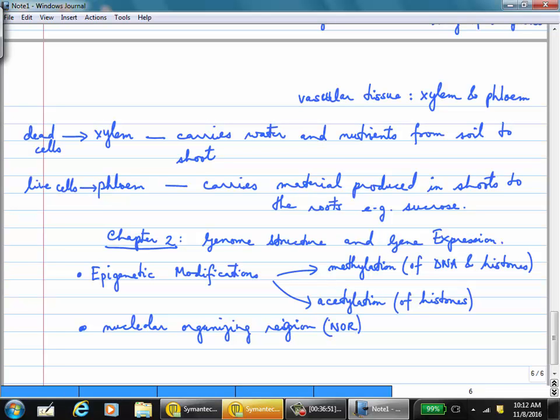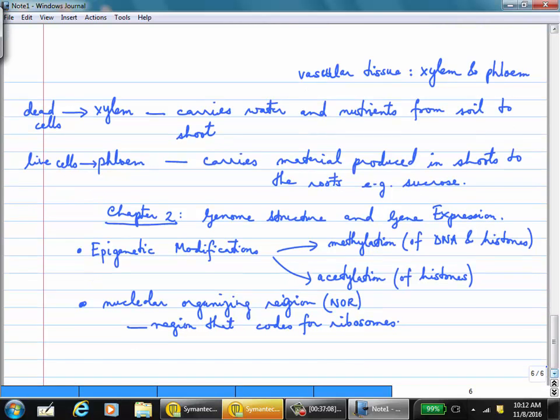And again, it's no big deal, but it's basically the region that codes for ribosomes. I just didn't want you to get thrown off if somewhere you read about this, the nucleolar organizing region.